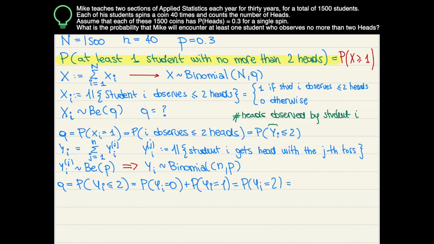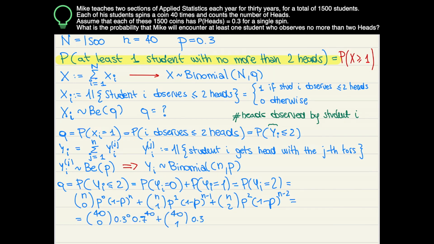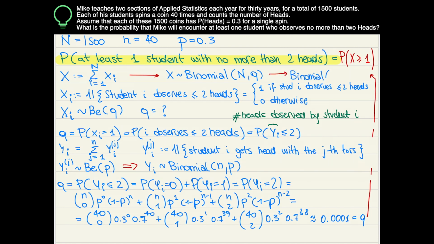We know that yi is distributed according to a binomial distribution with parameters n, p, and therefore the calculations are straightforward. Turns out that q is rather small, as q is approximately 0.0001, and therefore x is a binomial distribution with parameters 1500 and 10 to the power of minus 4.